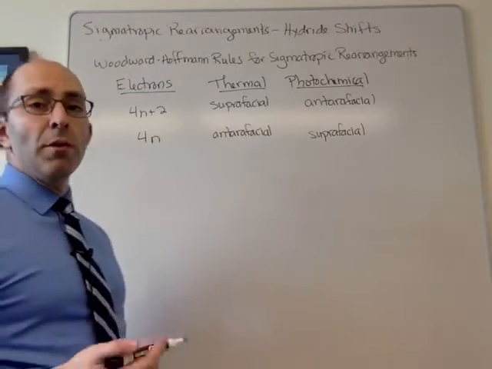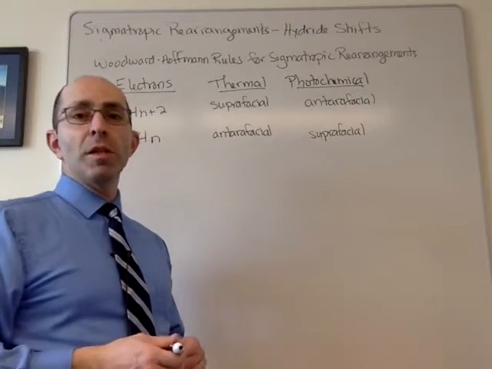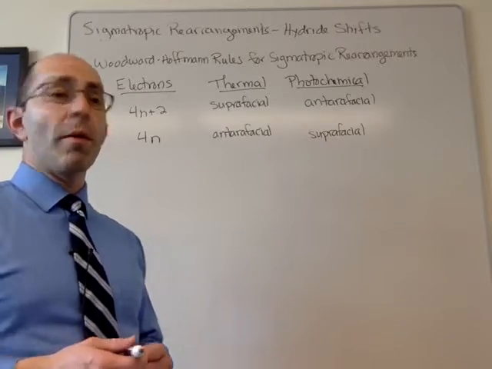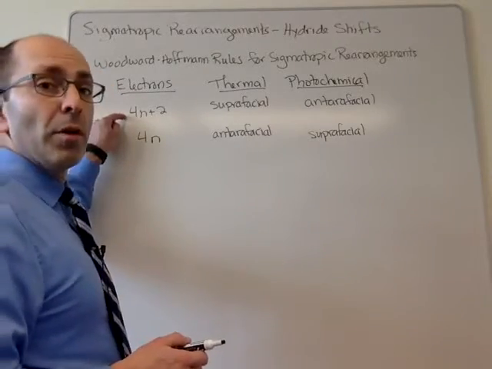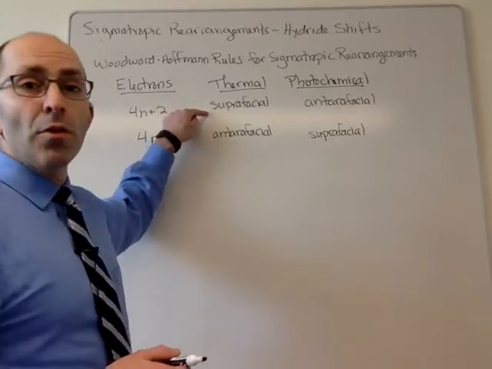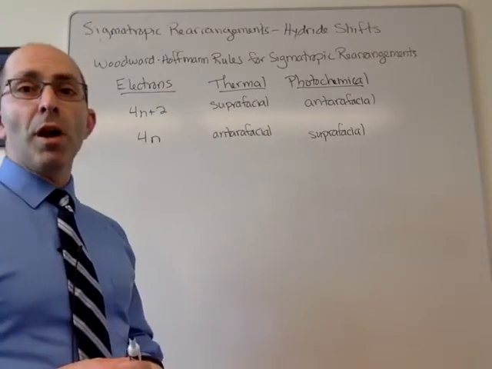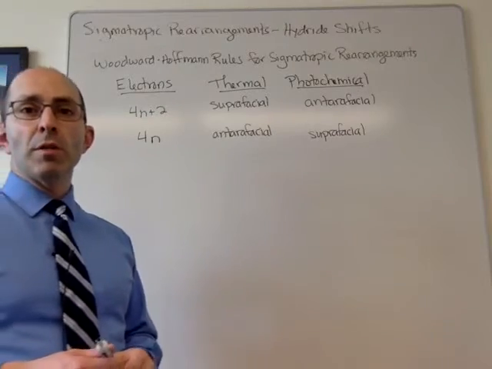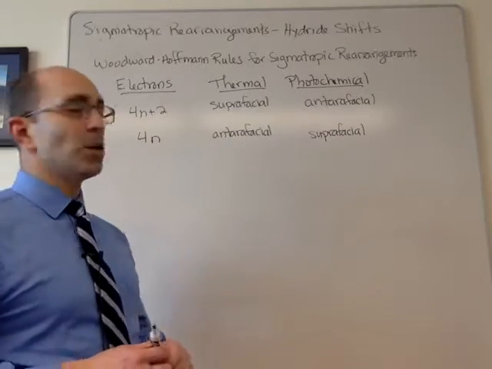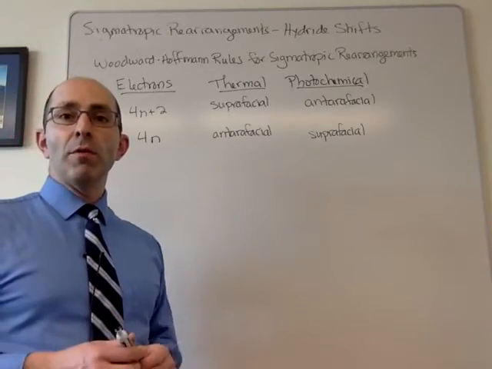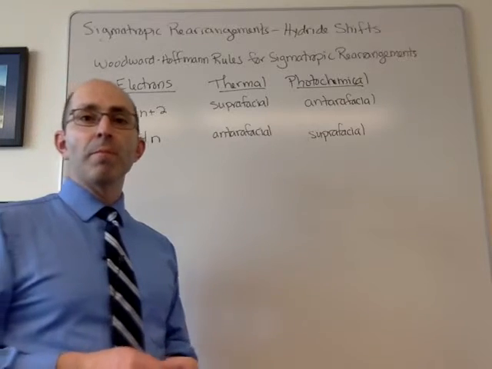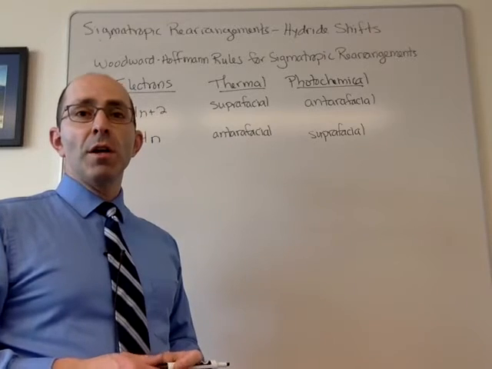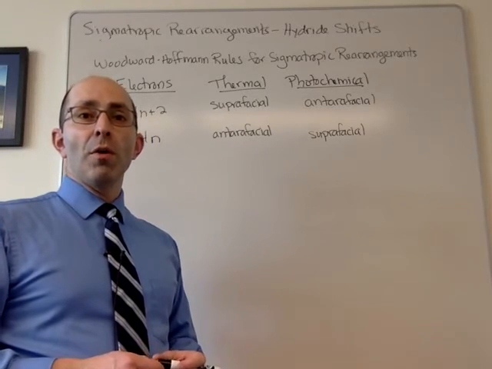And also, if we think about the other sigmatropic rearrangements that we've seen, think about the Cope and the Claisen 3,3 sigmatropic rearrangements. Those are 4n plus 2, suprafacial, thermal, right? And that's often where we're going to operate. But this will help us when we're looking at hydride shifts we might not have talked about today, whether they're going to be suprafacial or antarafacial, and then we can figure out the consequences from there. All right, so hopefully this helps as you think about hydride shifts that you might see in your homework or in upcoming assignments.